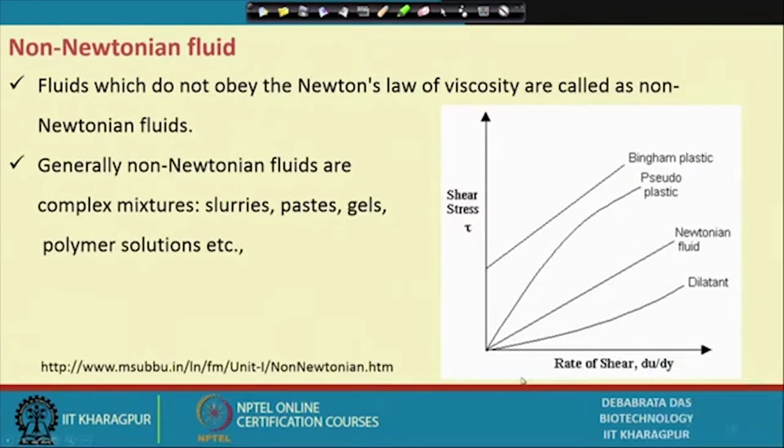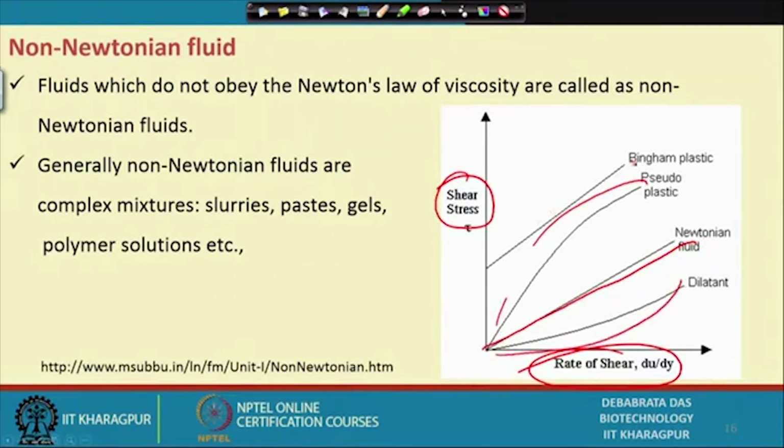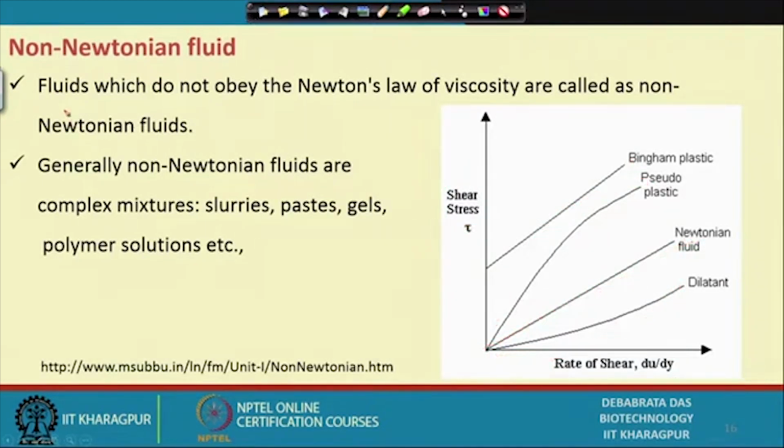Now this is very important. If you plot shear stress versus shear rate, this will be for a Newtonian liquid, and this is for a non-Newtonian liquid. These all are non-Newtonian liquids. So what is a non-Newtonian liquid or fluid?